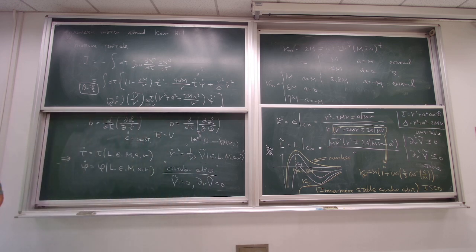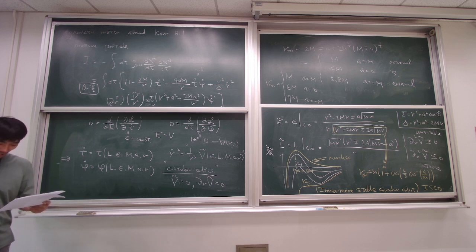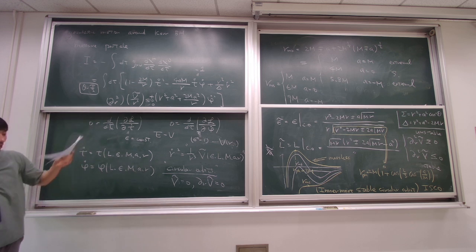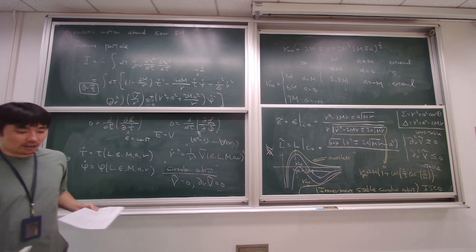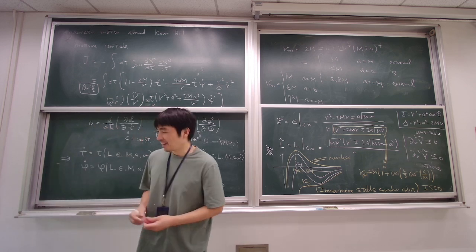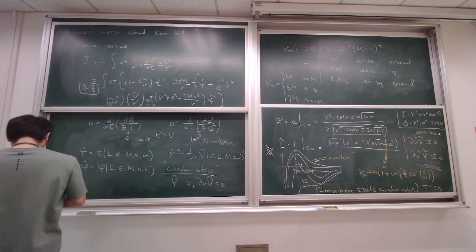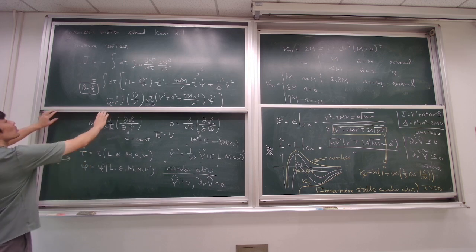There is some mathematical work that analyzes all the geodesics around the Kerr black hole, not only the equatorial ones. Those are massive particles, and the massless case is much more interesting because the analysis is easier. So let's move on to massless.